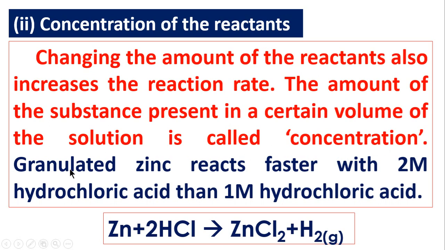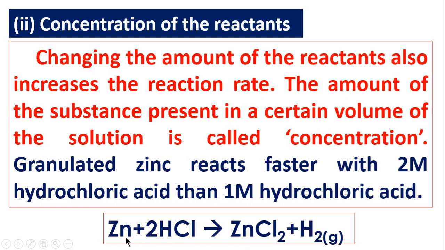For example, zinc reacts with 2 moles of hydrochloric acid and also 1 mole of hydrochloric acid. Which is a faster reaction? Here, the concentration increases the rate of the reaction.